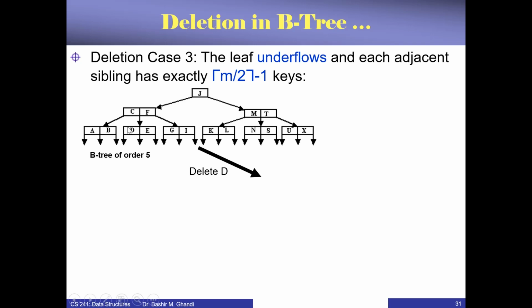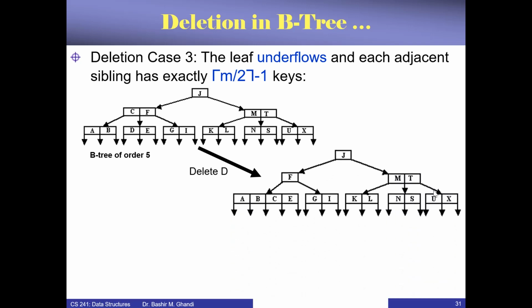Okay, so in this case, both the two siblings are in their minimal state, so we cannot borrow, so we have to merge. We have chosen this time to merge with the left, so delete the key D and merge this together.